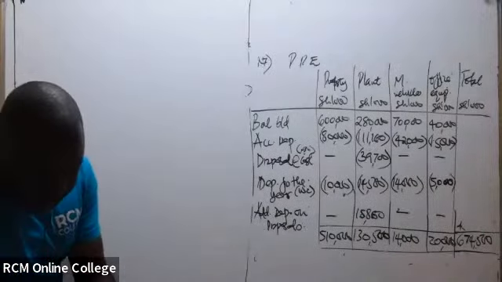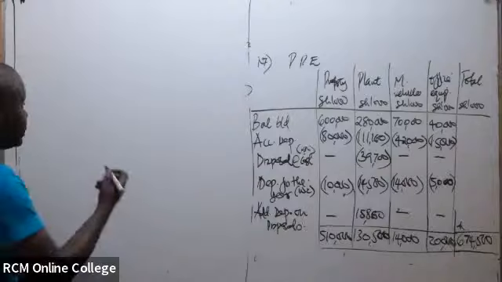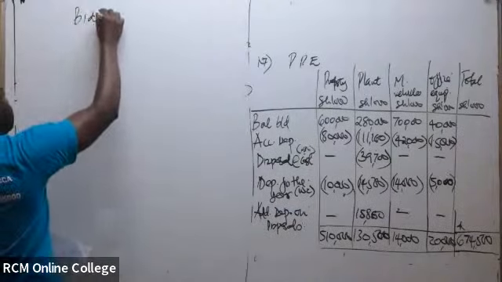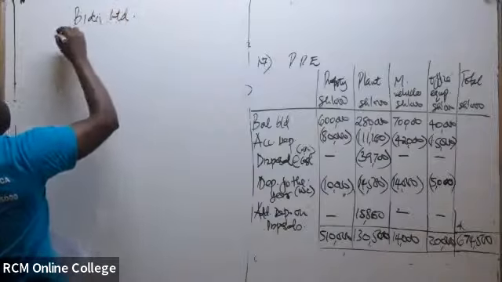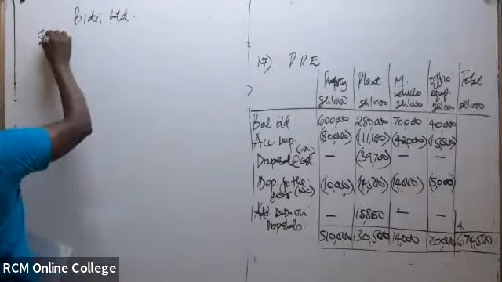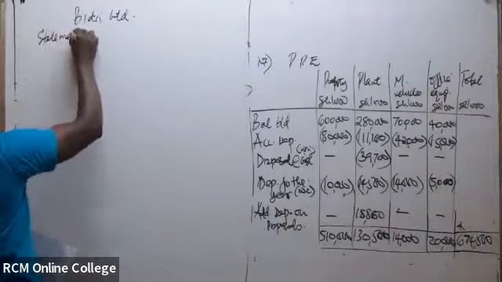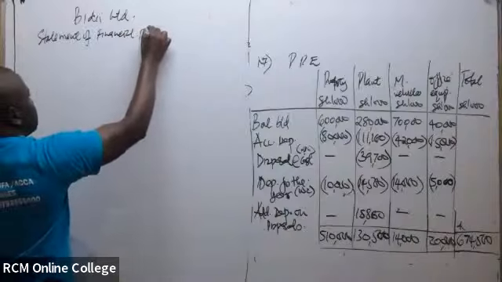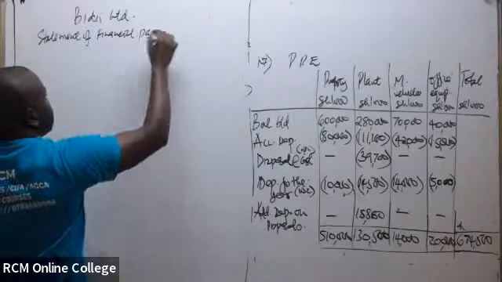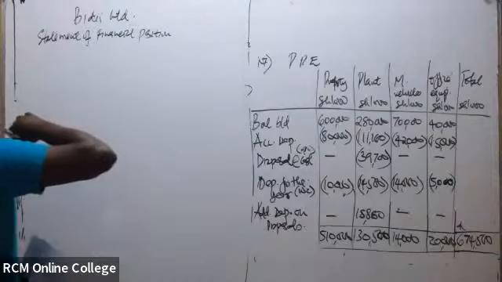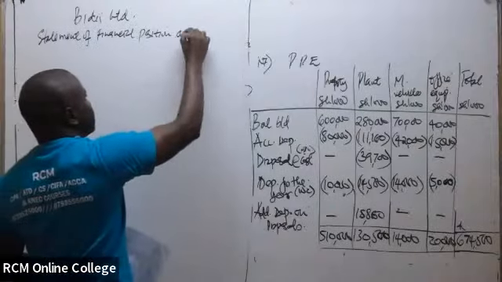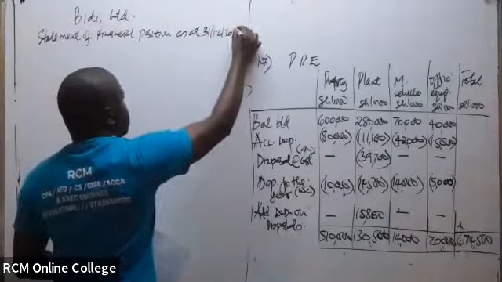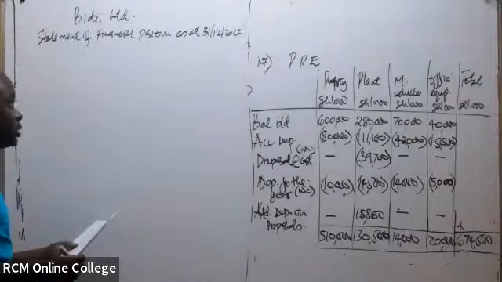We can look at the statement of financial position. BD Limited statement of financial position as at 31st of December 2022.